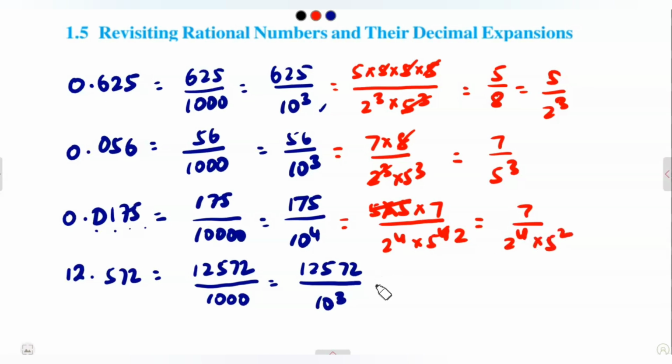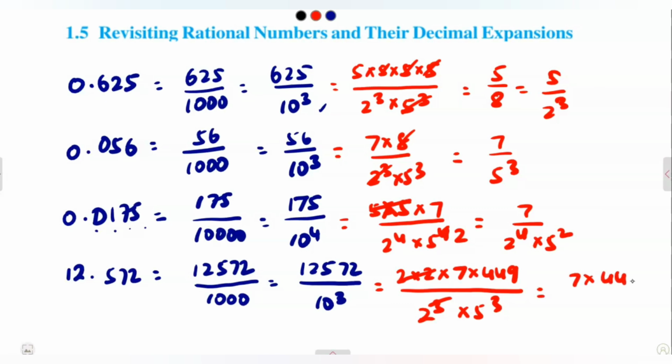Next, 12,572 can be prime factorized as 2 into 2 into 7 into 449, which is a prime number. You can leave it like that. The denominator 10 cube I'll write as 2 cube into 5 cube. From this, two 2s cancel from 2 cube, so one 2 is left. So you are left with 7 into 449 by 2 into 5 cube.